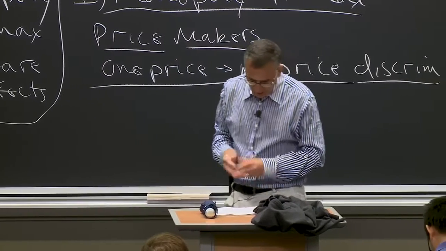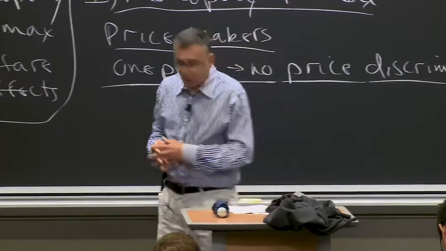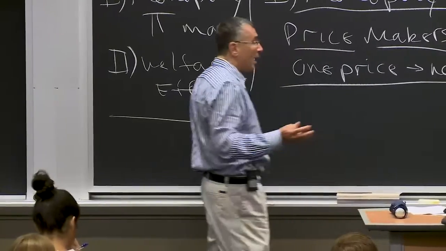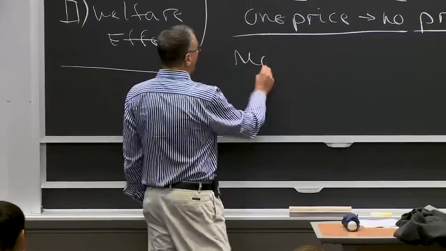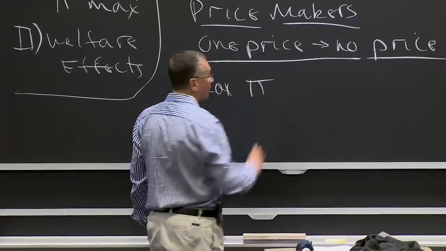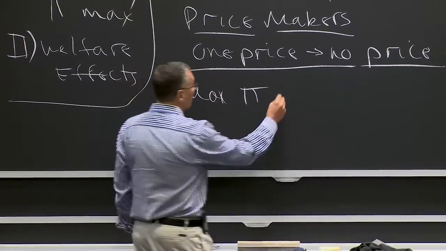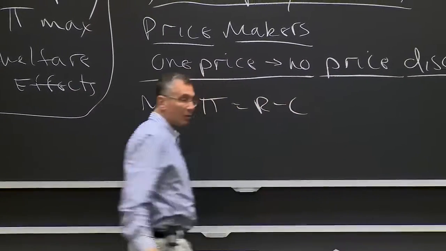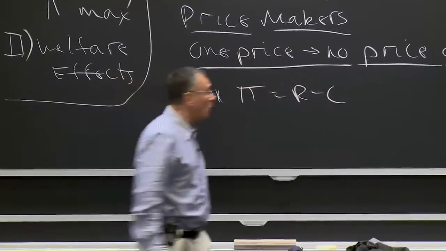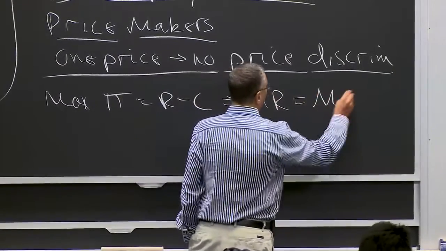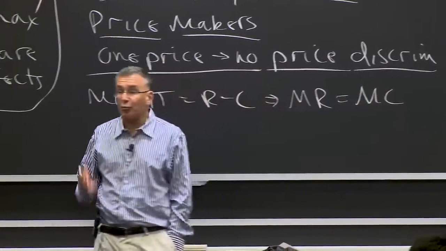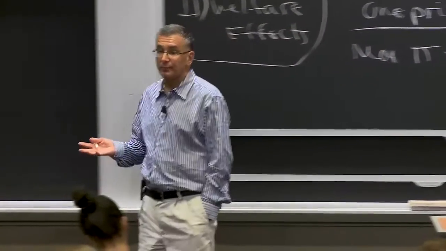Now, if you remember, the fundamental part of producer theory is that the goal of the monopolist is to maximize his profits, which is revenues minus costs. And as we showed before, profits are maximized when marginal revenue equals marginal cost. That's the profit maximization point.